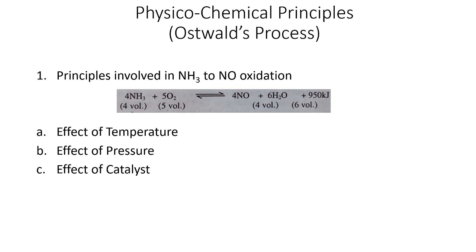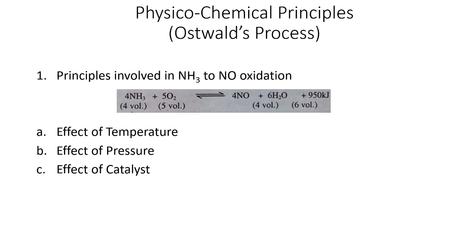We'll continue our discussion with the third physico-chemical principle, the effect of catalyst. So you know, here we are using platinum rhodium catalyst. So what is the role of catalyst here? As we know, both the reactants are gaseous, so there should be some surface or some favorable environment where these gaseous molecules will come in contact.